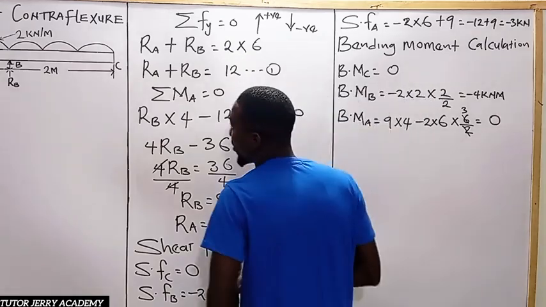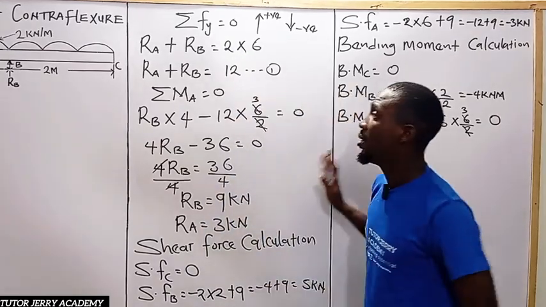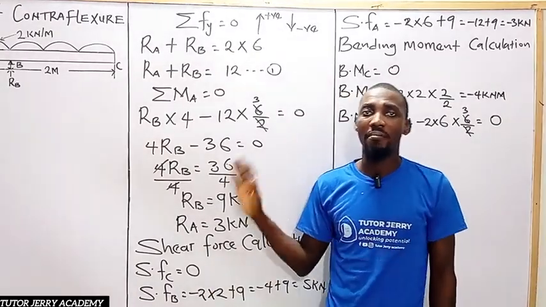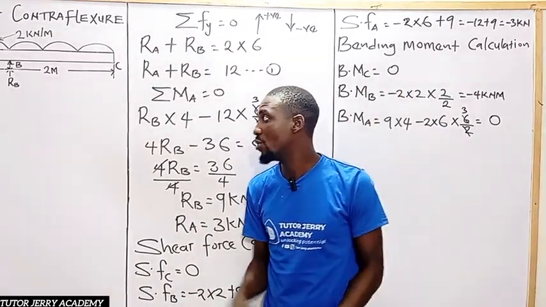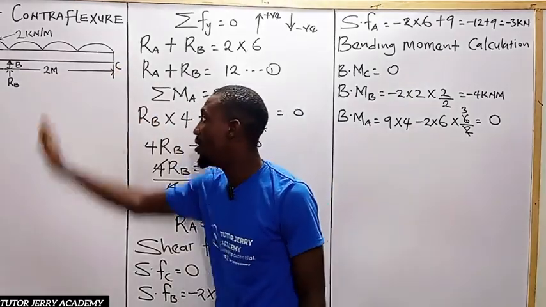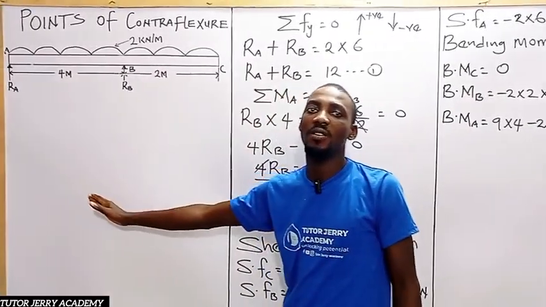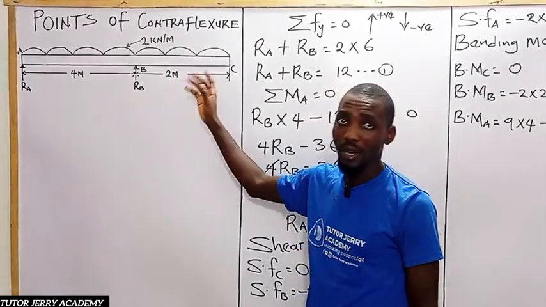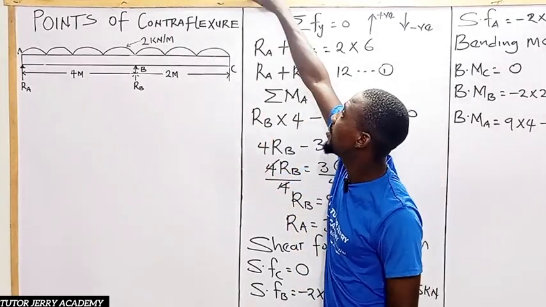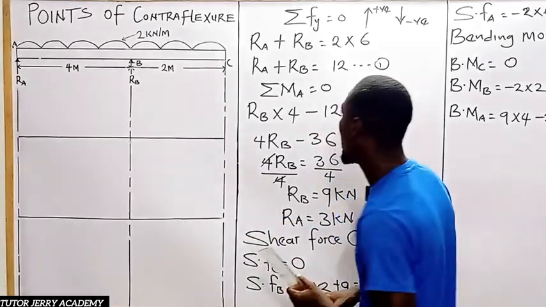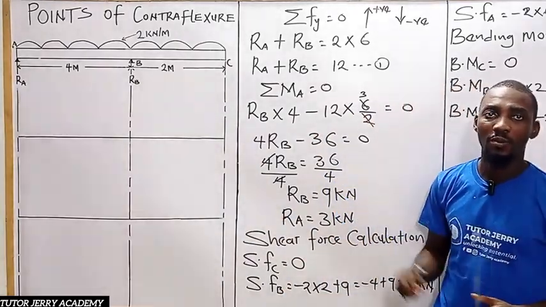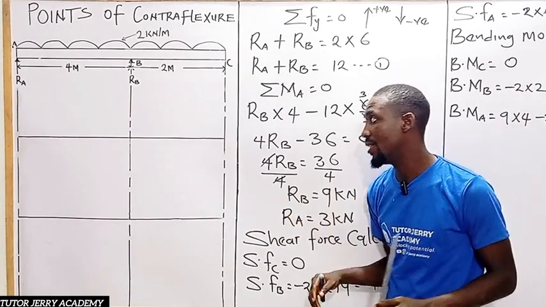All right. So now we are going to be using this information to draw our shear force and bending moment diagram. So for us to do that, we are going to draw a straight line down everywhere that we have load. So we are going to do that now. All right, so here we want to draw the shear force and the bending moment diagram.